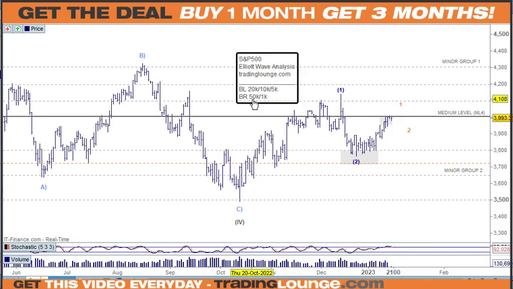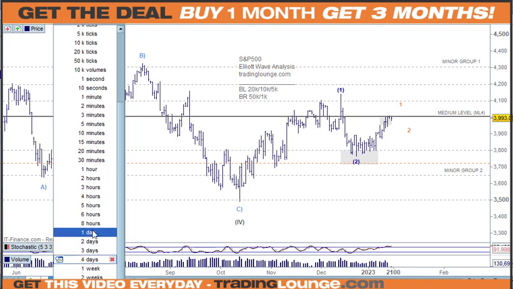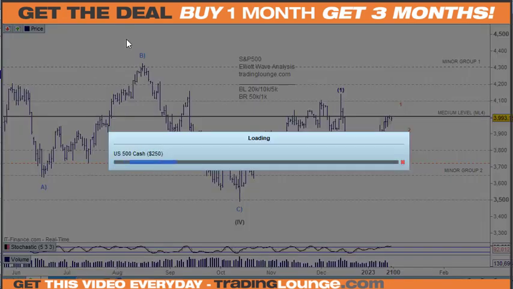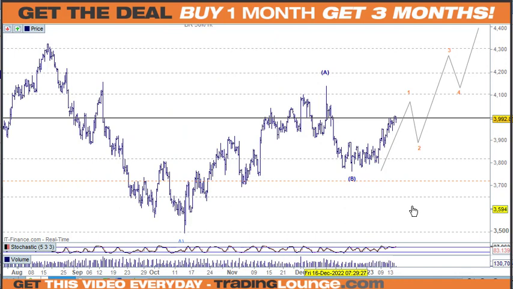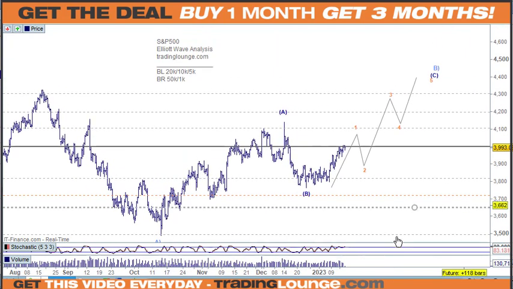Now we've got bearish counts and we've got bullish counts, so we can have a look at the bearish count first. So that's on 50k. Where are we here? 50k. So the bearish count really is much the same as the bullish count. We'll be looking at this as the A and the B, and then 1, 2, 3, 4, 5 up here for this.